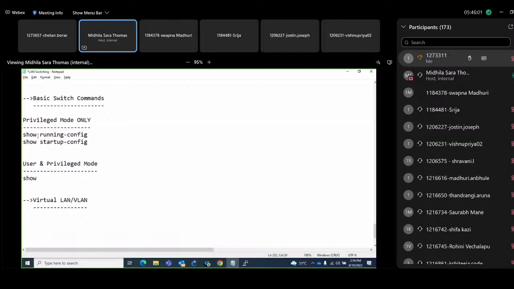This part, did you understand? This is the same for a router also. Have you tried it on a router? The running configuration as well as the startup configuration file, if you want to see them, work only in privileged mode and not user mode.